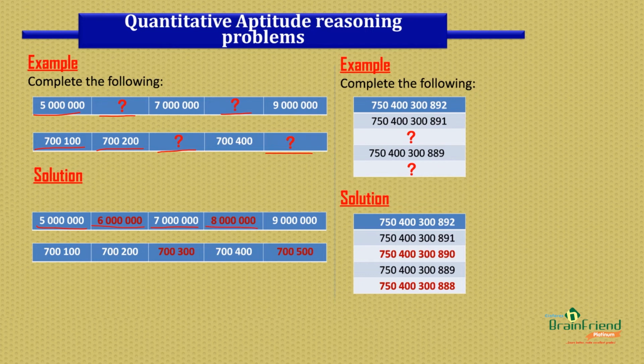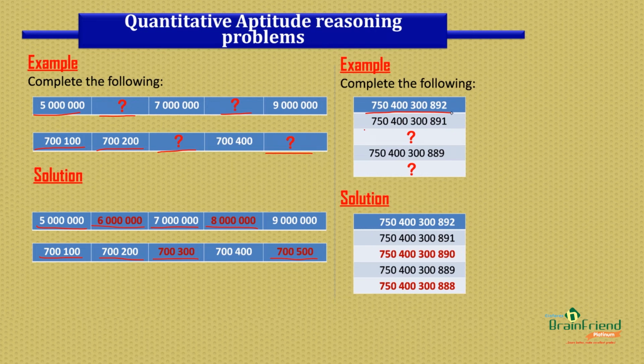For the next set of numbers, we have 700,100 and 700,200. So, this position would be 700,300 and 700,500. Moving on to the next example, we have 750 billion, 400 million, 300,892.